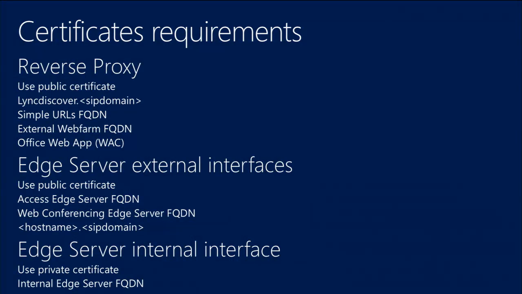Which could be something as simple as owebapps.microsoft.com, or something as unoriginal as WAC1, whatever. Whatever name you use for the WAC pool needs to be on this reverse proxy certificate as well. All of that's HTTP, right? So all those names in the top there for reverse proxy, all HTTP traffic, HTTPS secured, right?